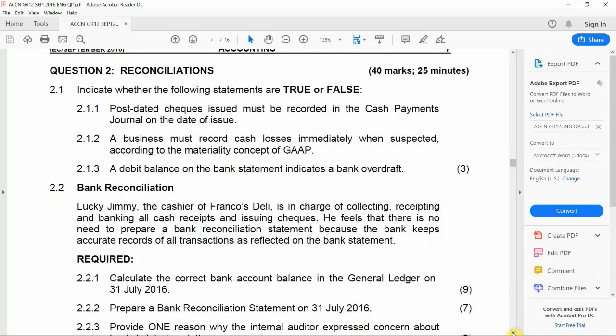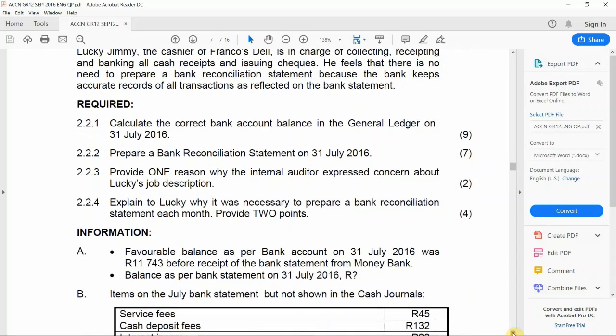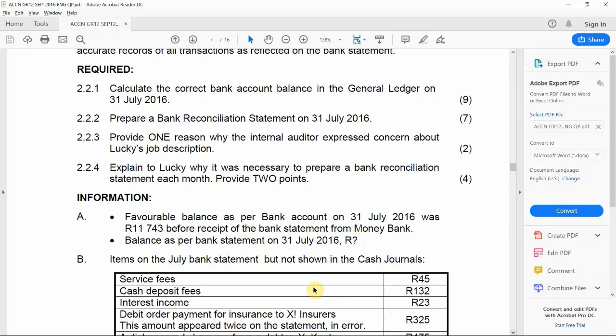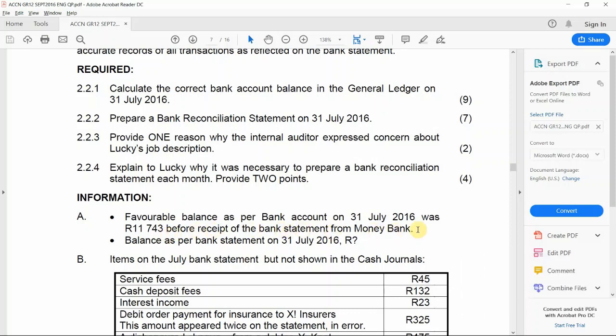So if we look at our information, it is given in point A that we have a favorable balance as per the bank account on 31 July 2016. That was 11,743 Rand before receipt of the bank statement from Money Bank.